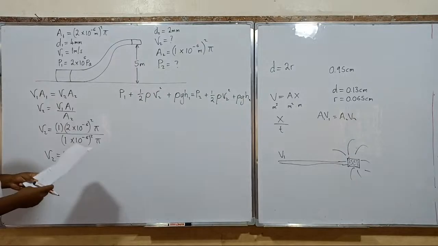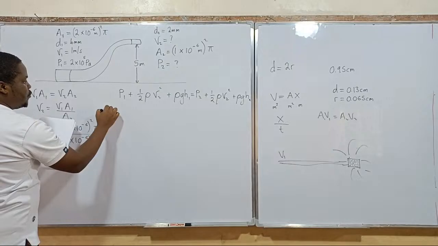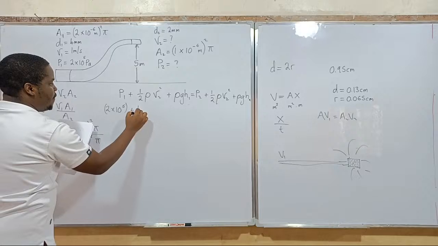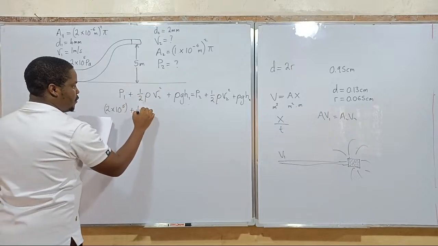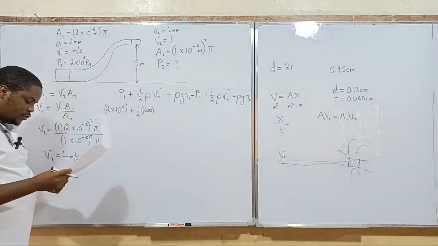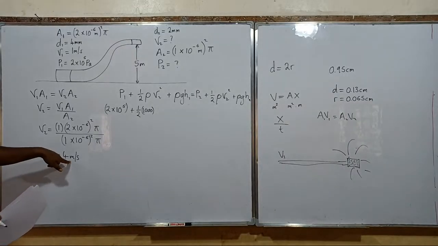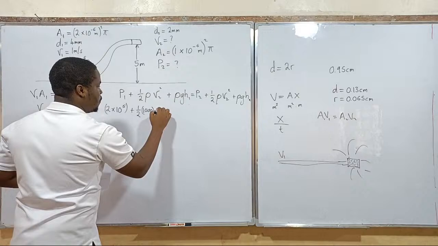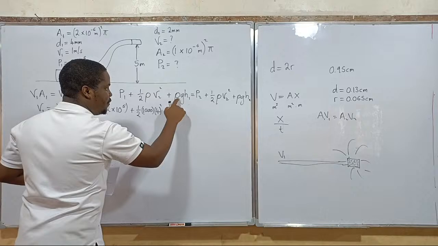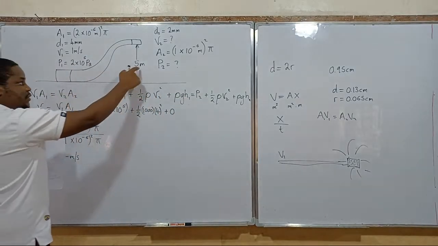So let's do the substitutions. Pressure 1 is 2 times 10 to the power 5 pascals, plus half, density 1000, velocity 1 squared, plus 0, because the height there is 0, but the height here is 5.